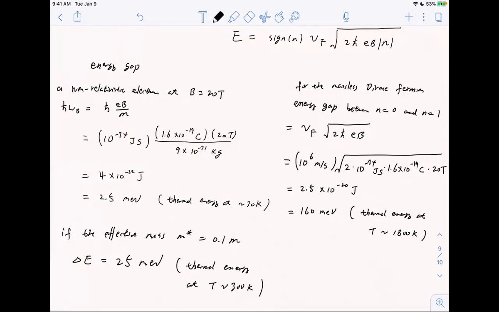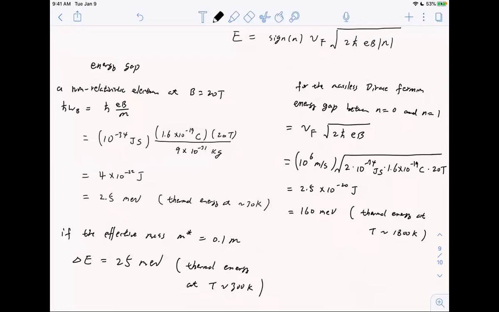If you reduce the effective mass more, then can it exceed this? Mathematically, yes. If you make it 0.01, then you have another factor of 10.